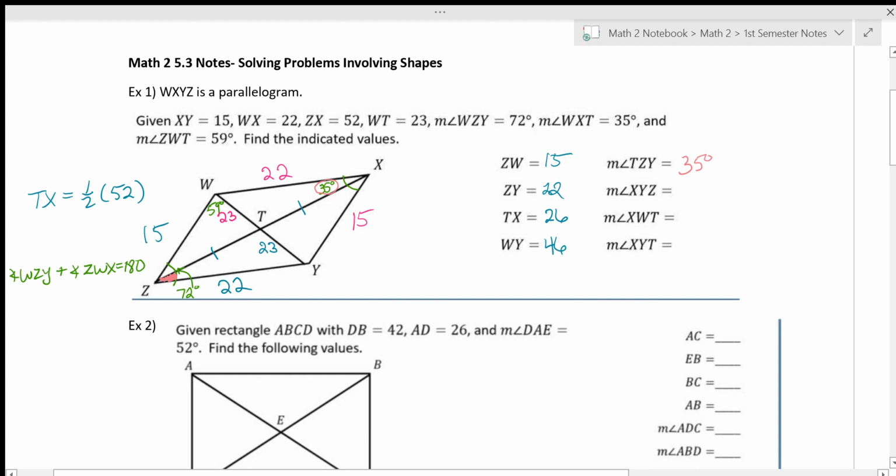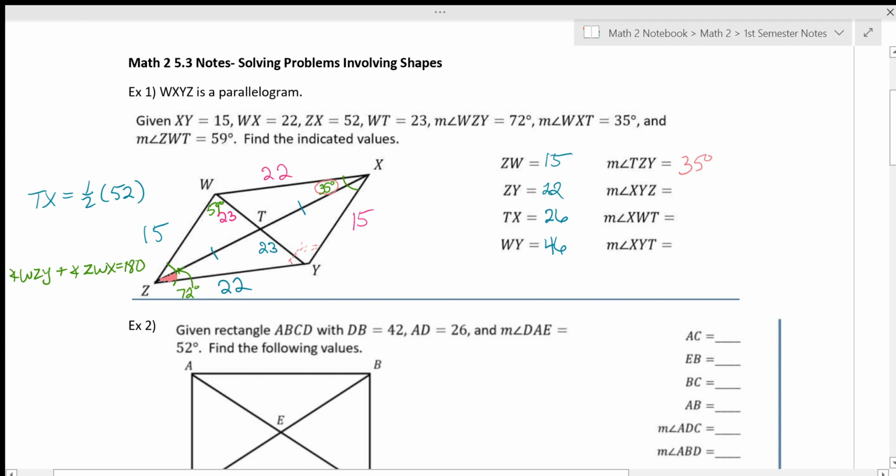XYZ, X to Y to Z, is this whole space here. And I know that that XYZ plus WZY needs to be 180 degrees together.